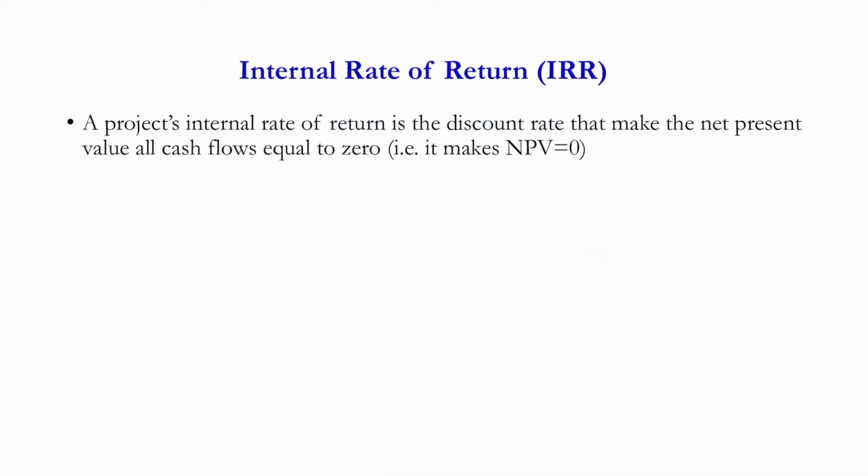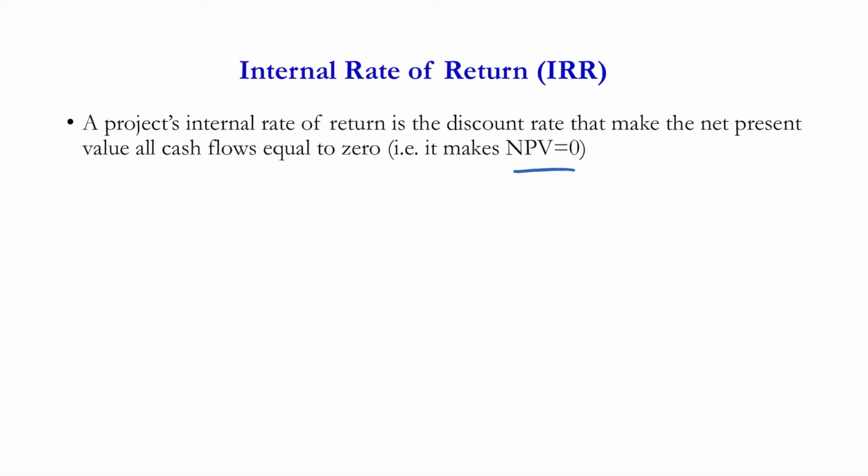IRR, or internal rate of return, is the discount rate that makes NPV equal to zero. So IRR is the discount rate at which the present value of benefits from doing a project would be exactly equal to the present value of cost of doing a project.